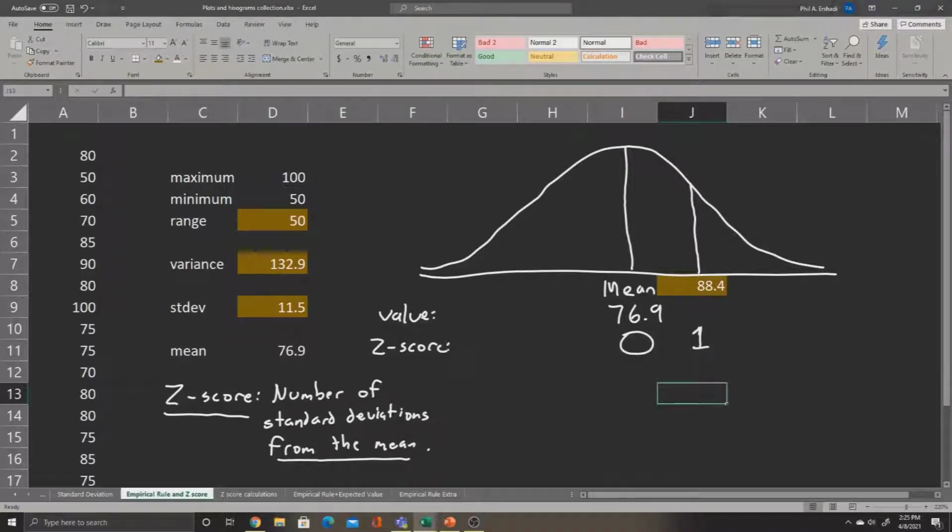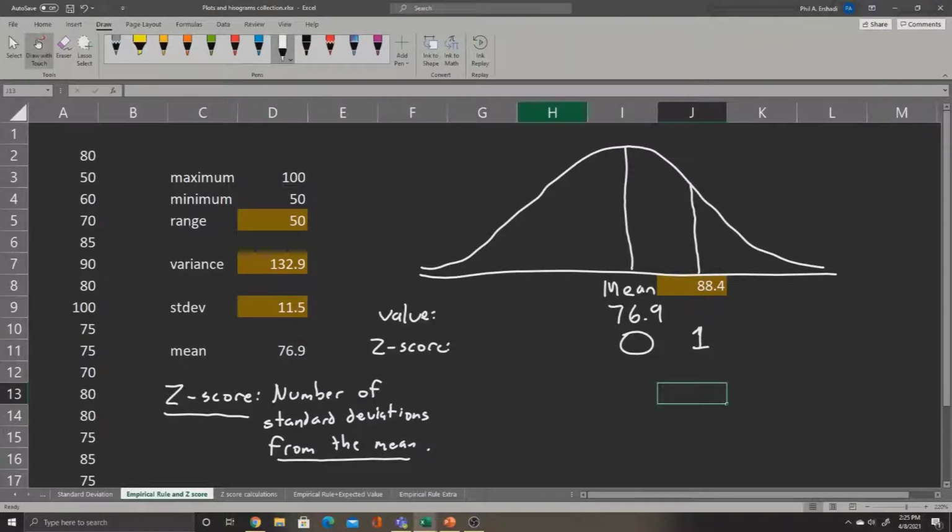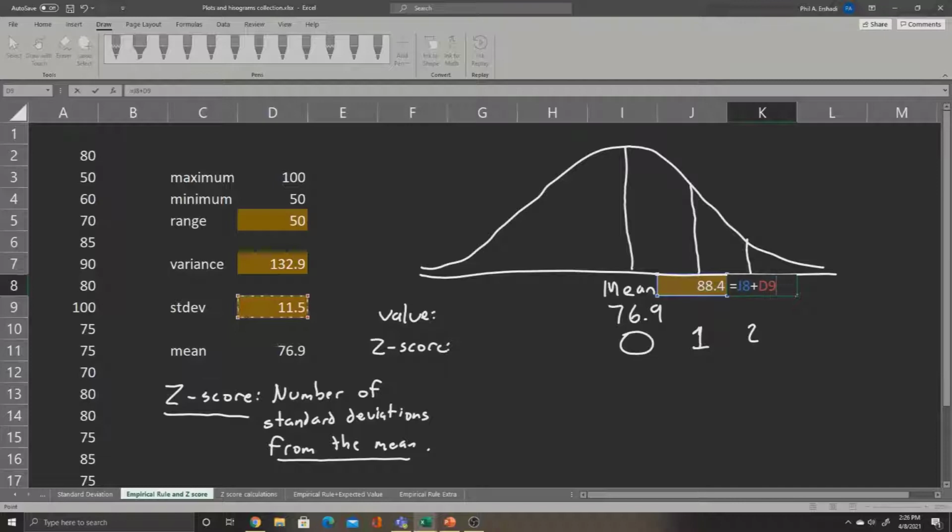We could repeat this process for a standard deviation of 2 if we wish. We'll draw another marker, place a 2 as the z-score, and then we can do this calculation again. We can say equals the previous number, 88.4, and then add an additional standard deviation, giving us a value at this marker of 99.9.